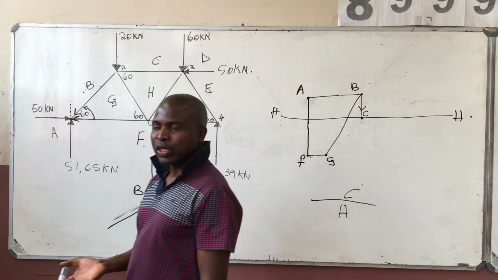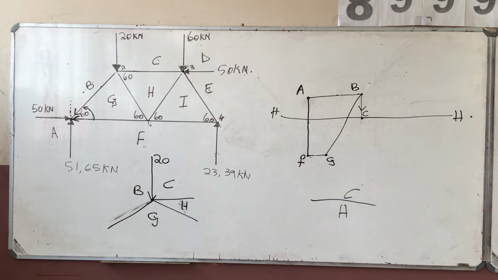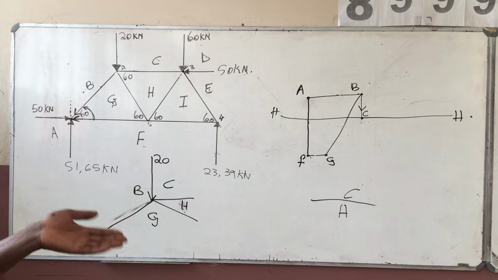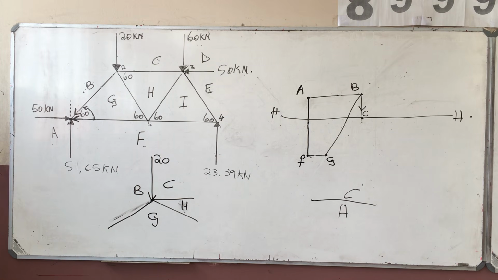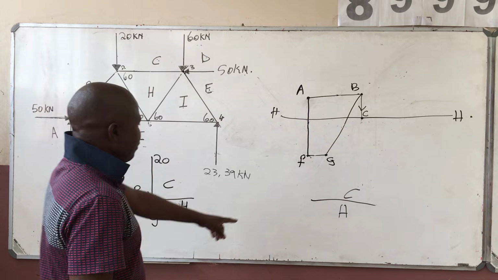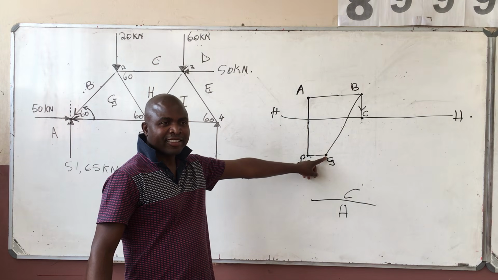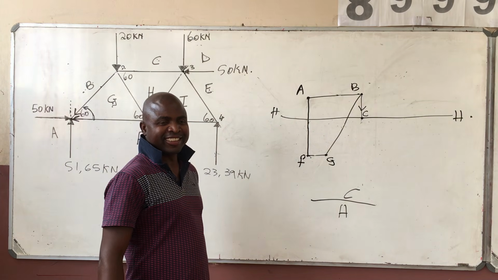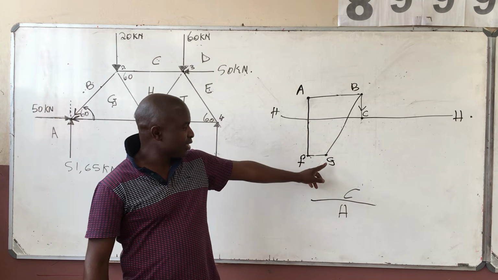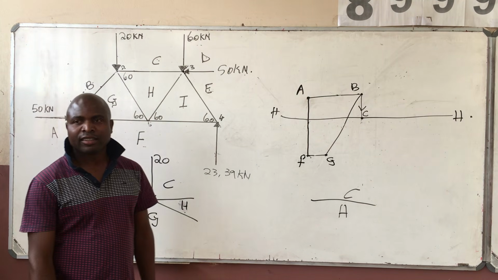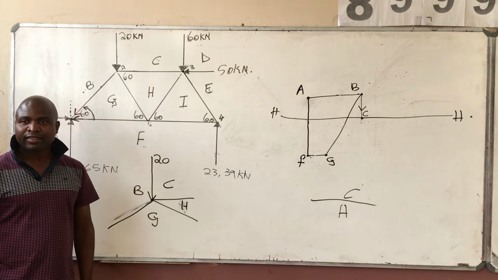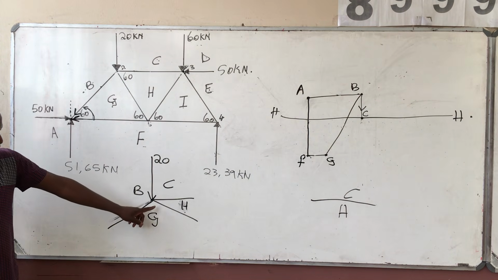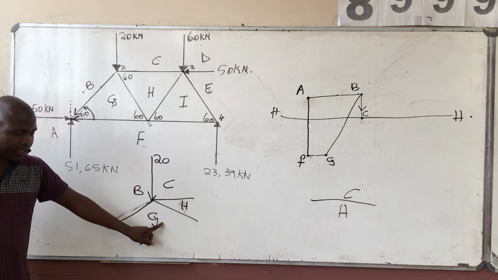So after that, which one do we draw? HG. Do you have at least one point? We don't have point H, but we have point G there. So other here is HG, right?